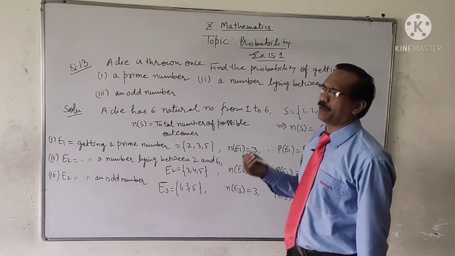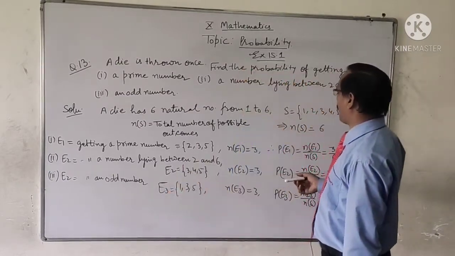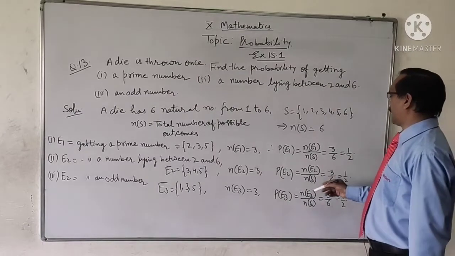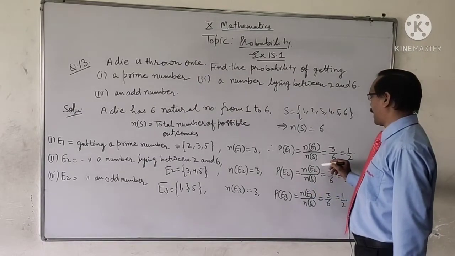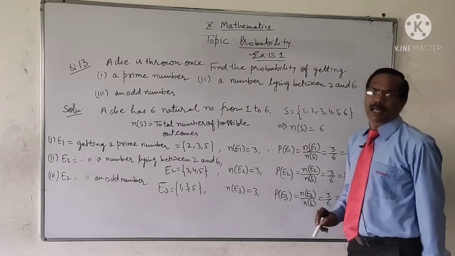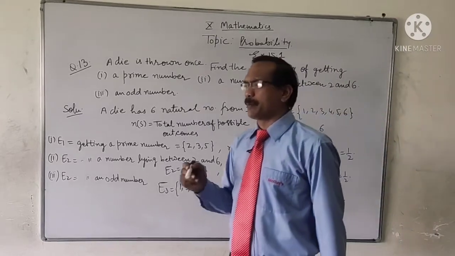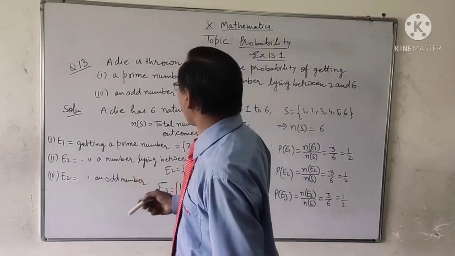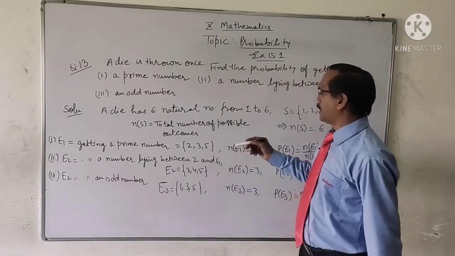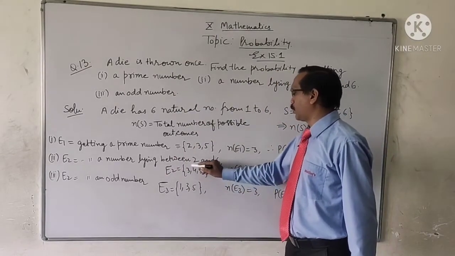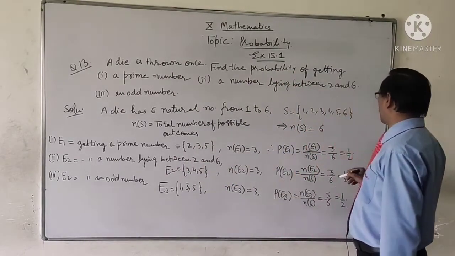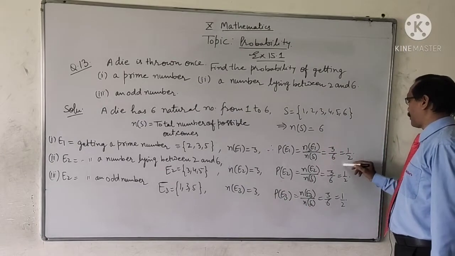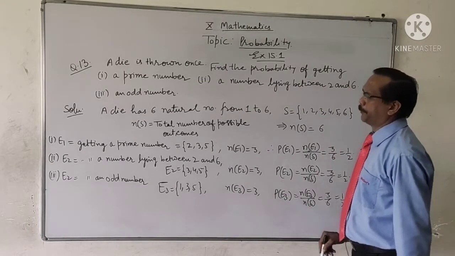There are 3 favorable outcomes and probability for this is P(E2) equals n(E2) upon n(S). n(E2) means number of favorable outcomes when a number is between 2 and 6. So it is 3 by 6 and probability is 1 by 2.